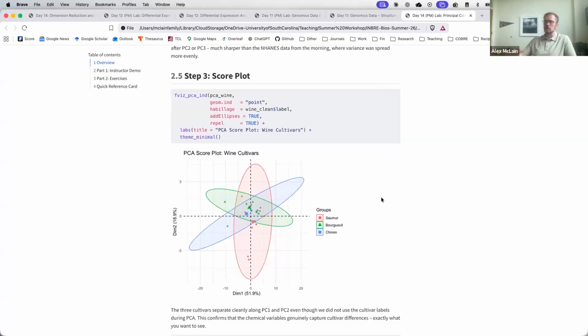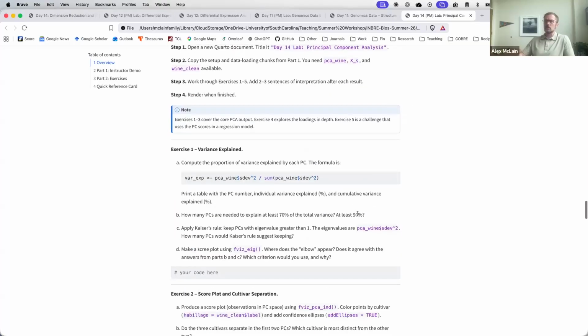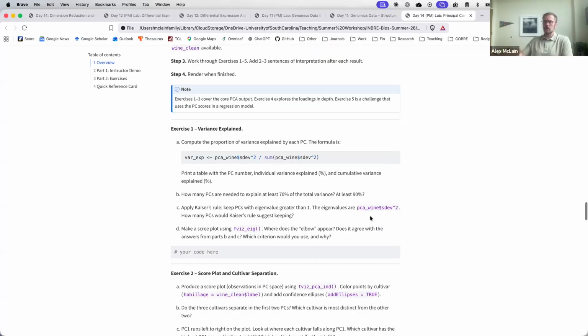This is a score plot of the principal component scores for dimensions 1 and 2. Group these by the different regions. So the exercises: compute the proportion of variance explained for all the different principal components. How many PCs do we need to explain at least 70% of the variance, or at least 90?